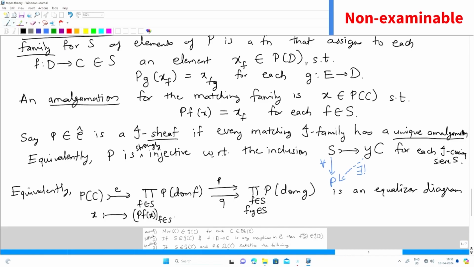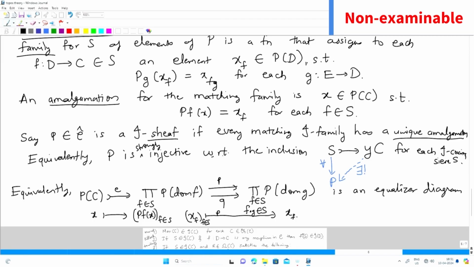F in S, and then any family XF over here, where will P take it to? PG of XF, okay. XF, F in S. Okay, so that's the second one.